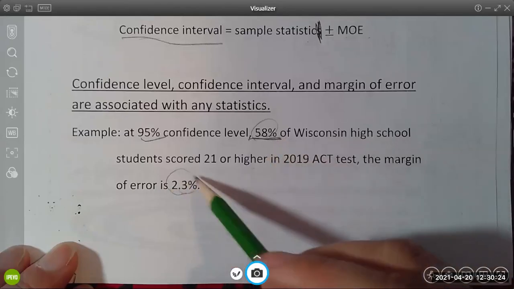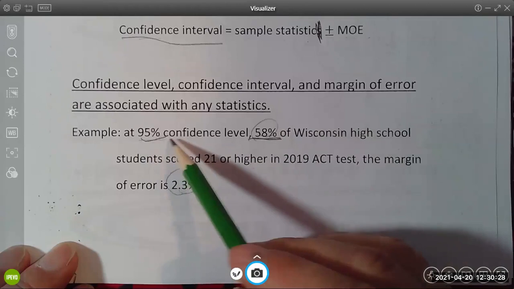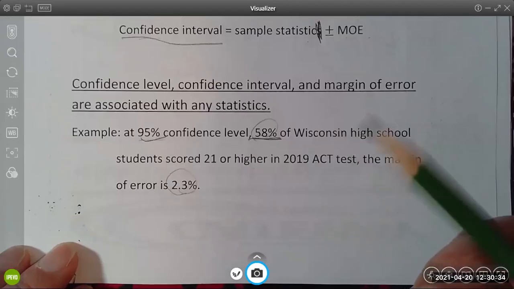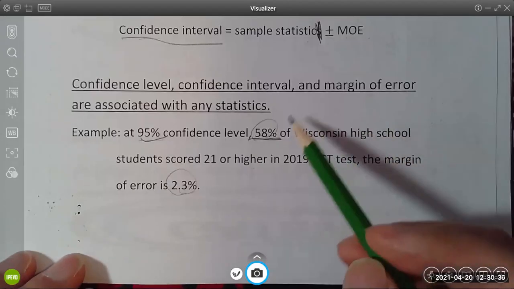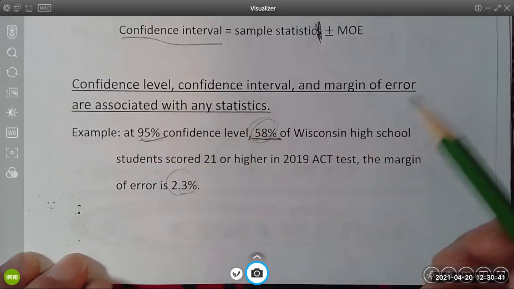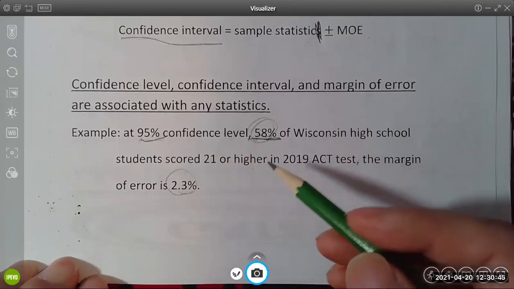If the margin of error is a percentage, the statistic is a percentage. Confidence level is not a statistic. It's how confident you are about this number. It is not calculated, it's predetermined. That's out of scope of this course.